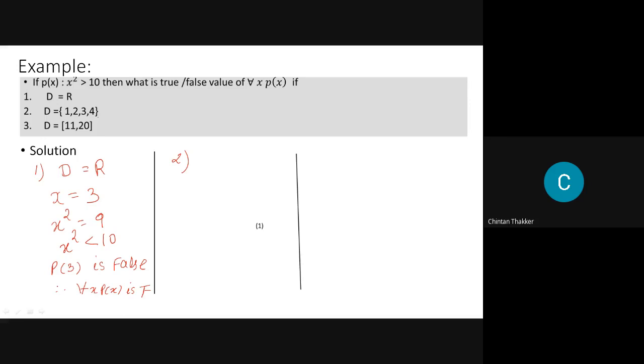For 2, x square is 4, less than 10. For 3, x square is 9, less than 10. So these 3 are counterexamples. So similarly, here also for all x P(x) is false.